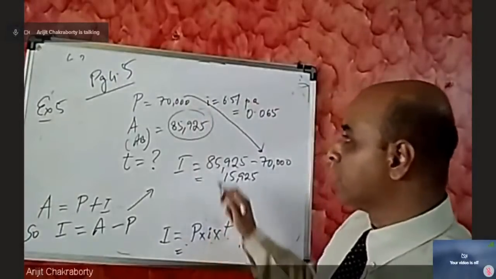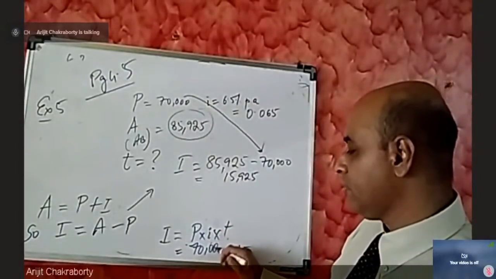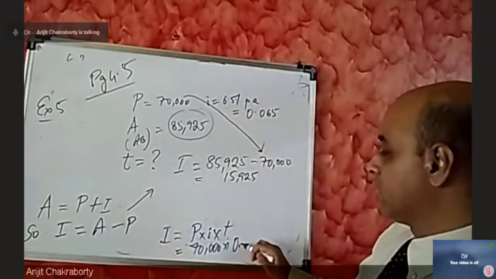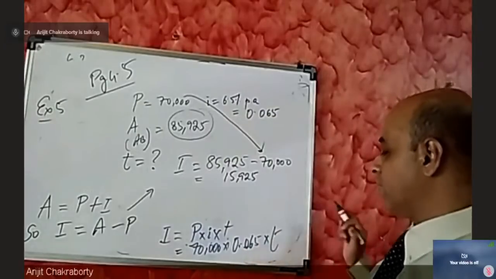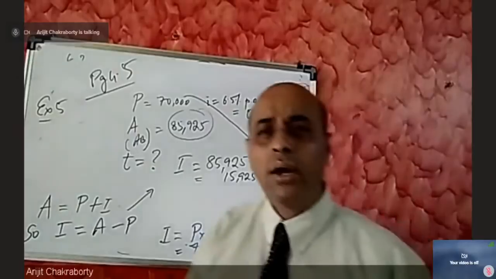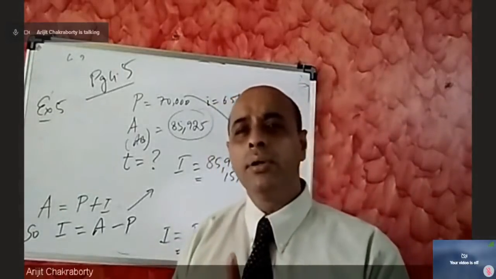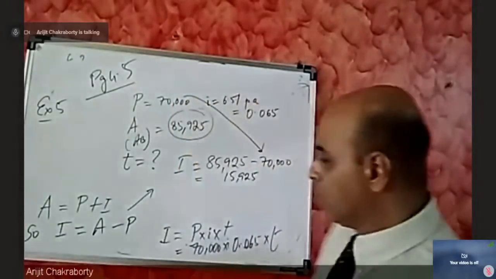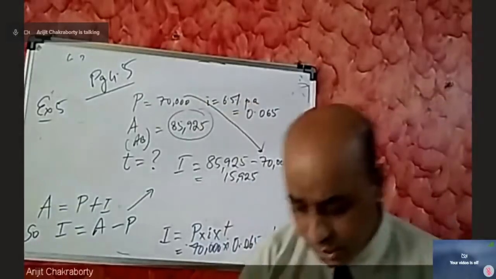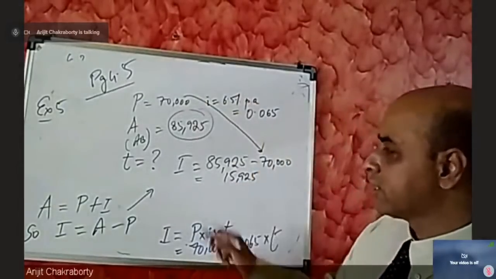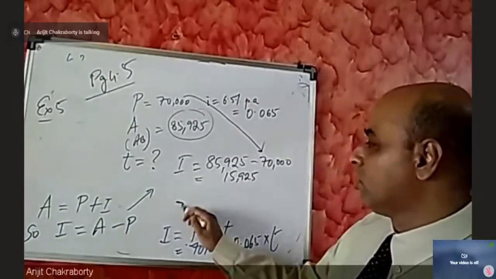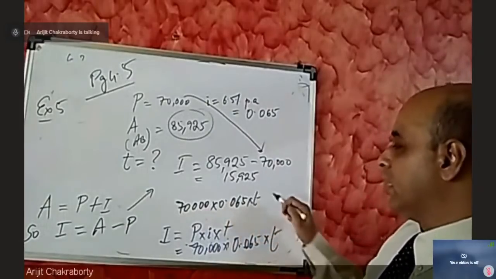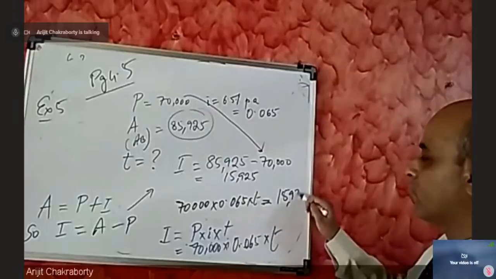Here principal we know is 70,000, interest rate we know is 6.5, that is 0.065. But we don't know the time. So T is unknown. It is a simple linear equation with one unknown. Therefore the equation which we bring is: I will be equal to 70,000 into 0.065 into T, and this is equal to 15,925.